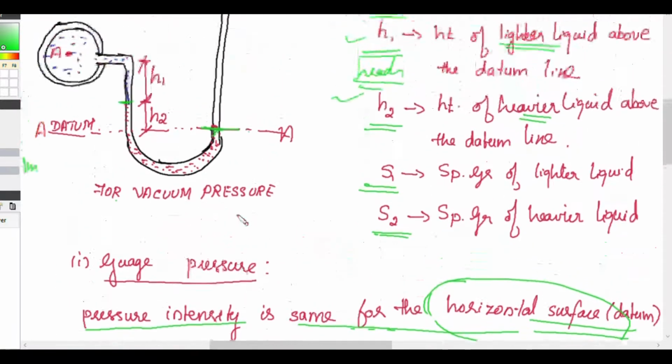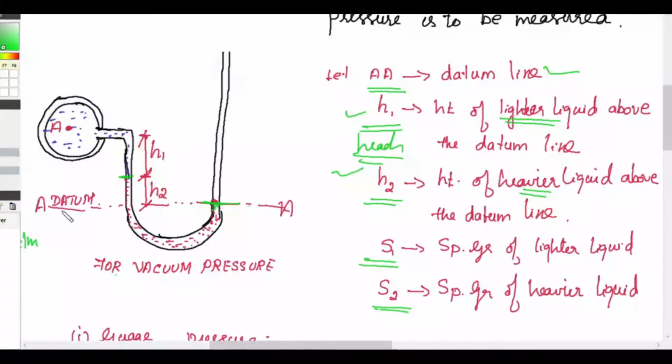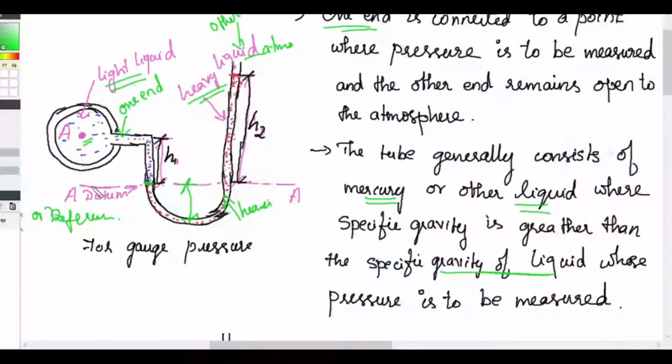If you are taking the datum, this point can be taken as 1, this point can be taken as 2. So the pressure intensity at 1 will be equal to the pressure intensity at 2. That is, the pressure is the same along the horizontal surface.